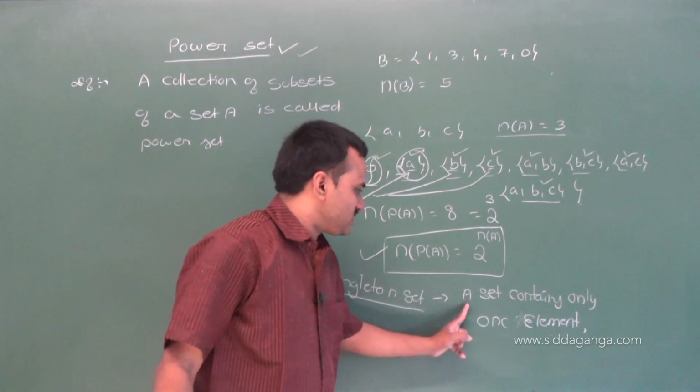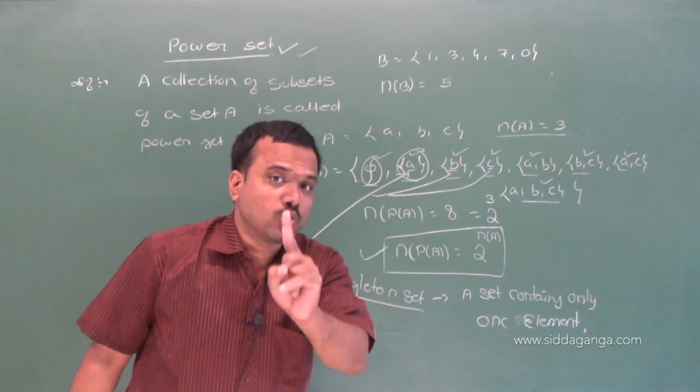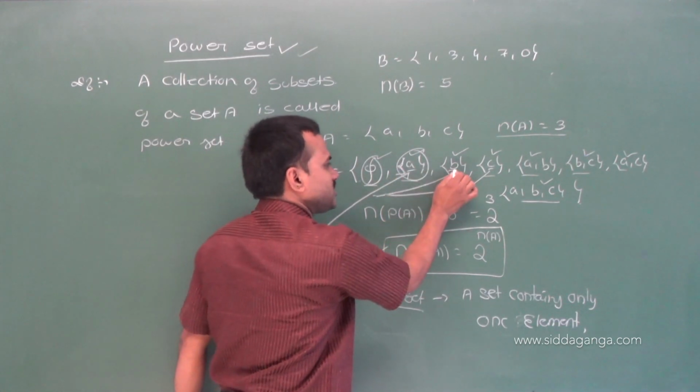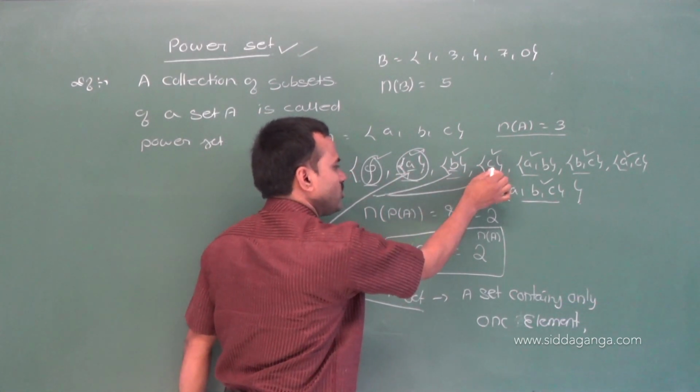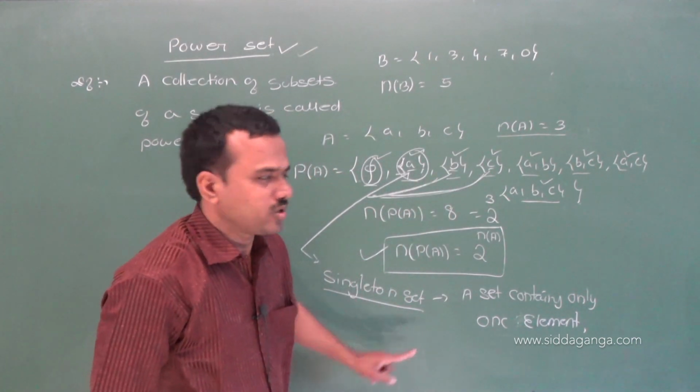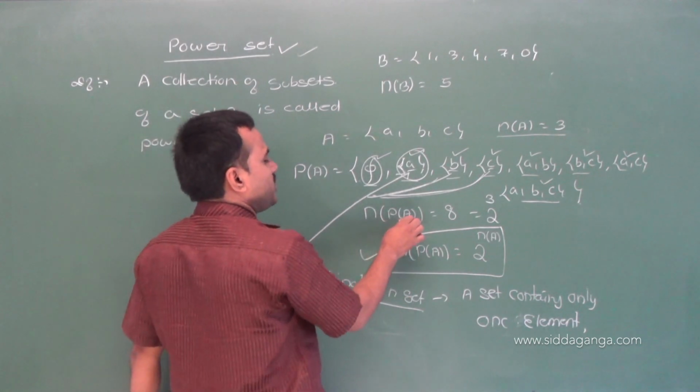Observe here, this set contains only one element, this set contains only one element, this set contains only one element. All these are nothing but singleton sets.